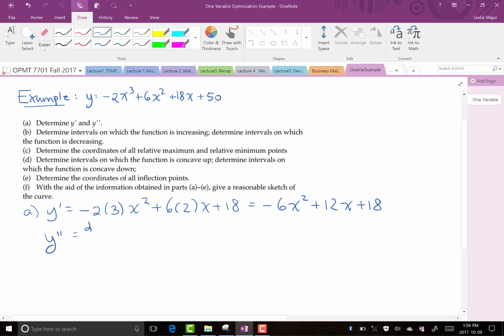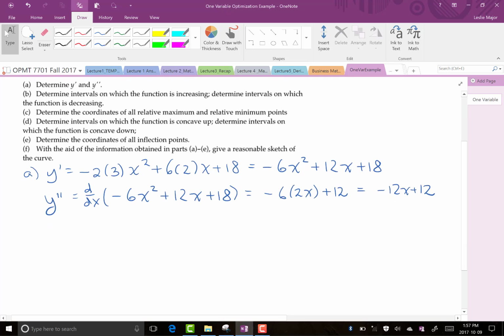So you just take d dx of this whole piece here. Gives us minus 6 times 2x plus 12, which gives us minus 12x plus 12. Gorgeous. That's y prime and y double prime.